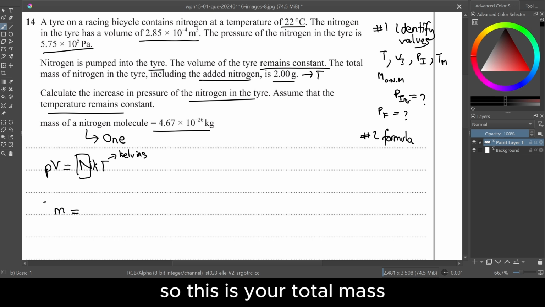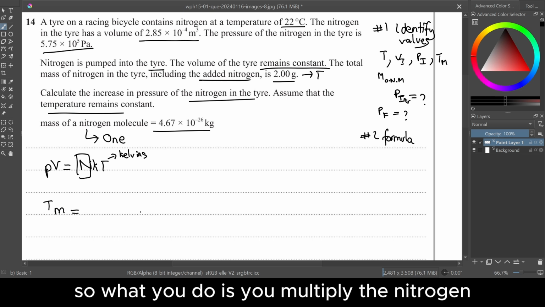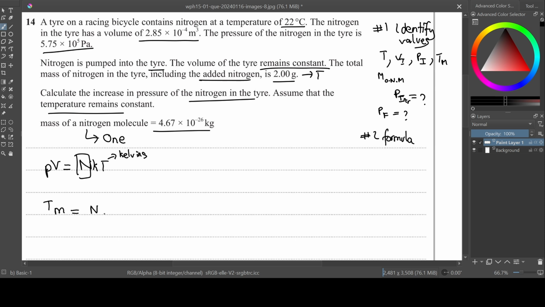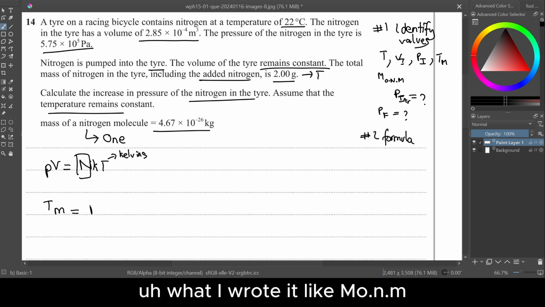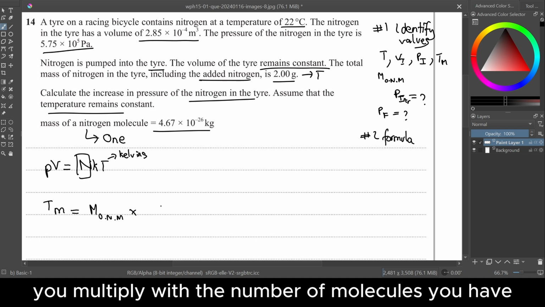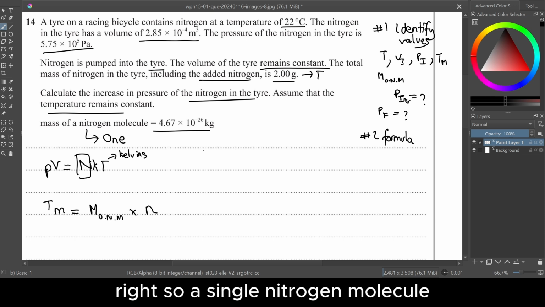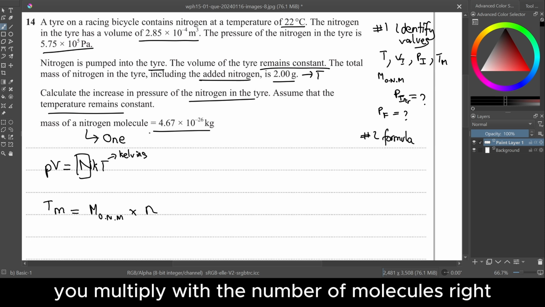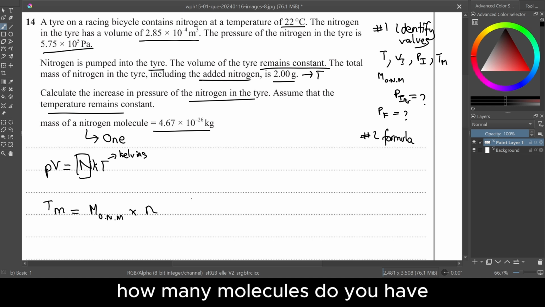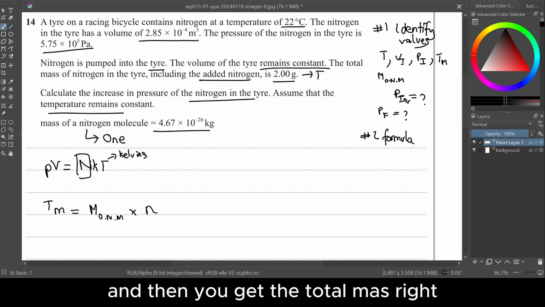What you do is you multiply the mass of a nitrogen molecule, which I wrote as m0, with the number of molecules you have, N. So the mass of a single nitrogen molecule multiplied by the number of molecules gives you the total mass.